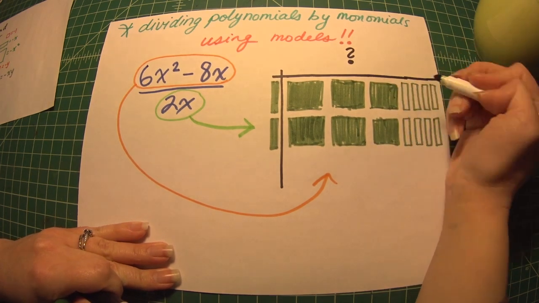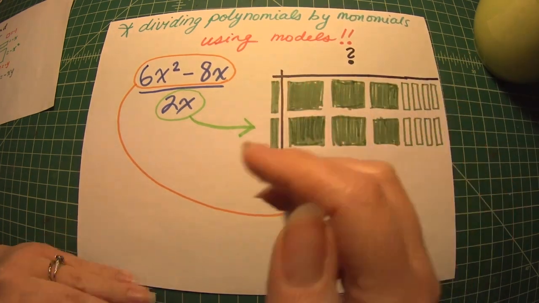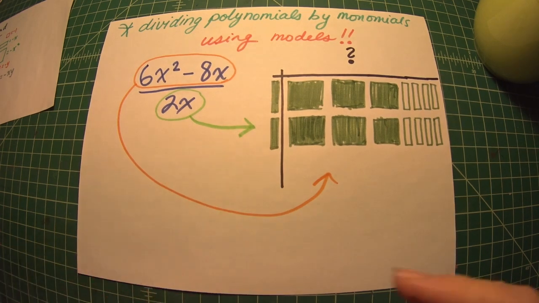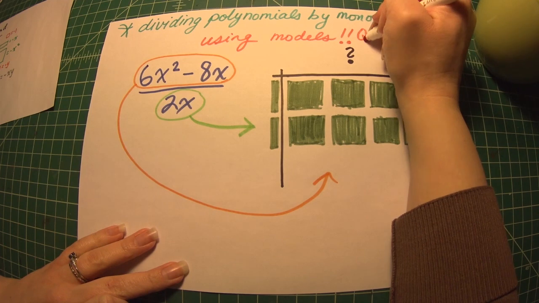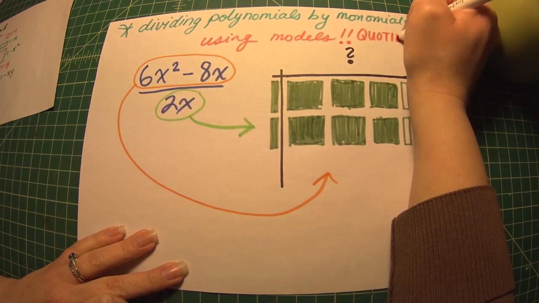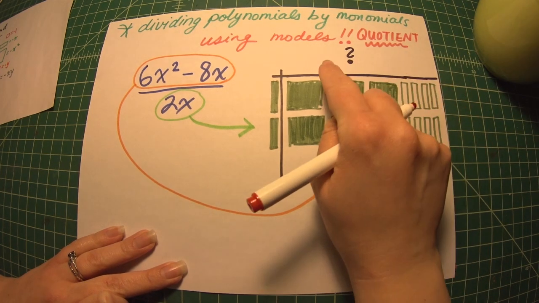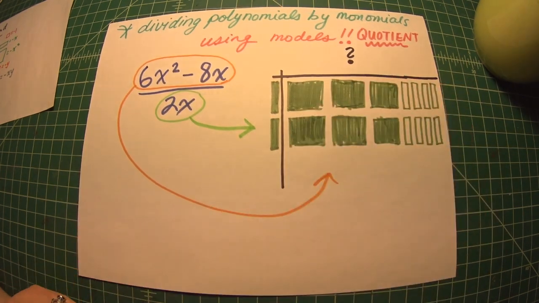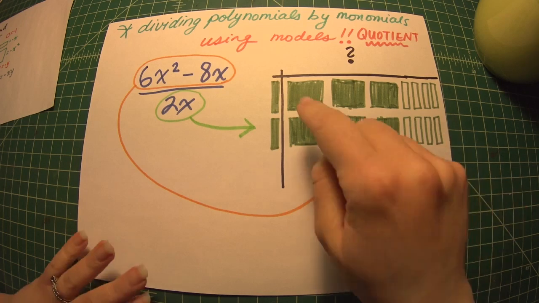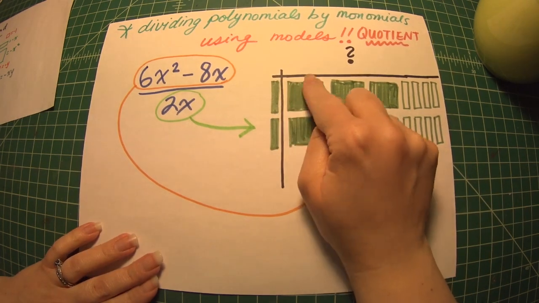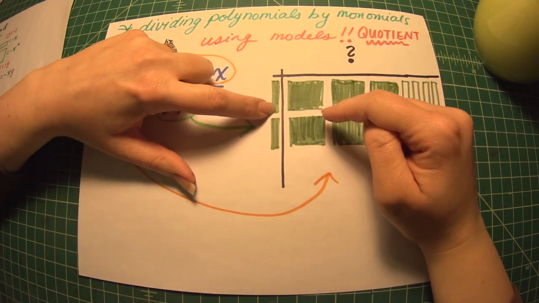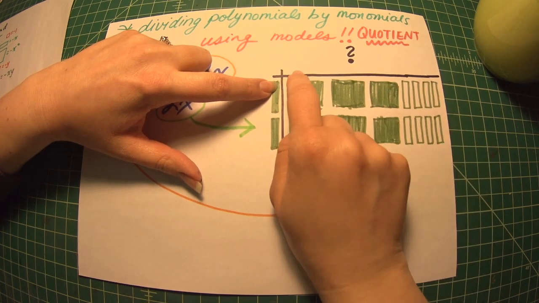Okay, so now for my quotient. Okay, remember quotient means answer to division. That's what I'm looking for here, quotient. So for my quotient, I need to find the missing factor. Okay, so I've got an x squared here. So to make an x squared, I would need to have an x times an x.